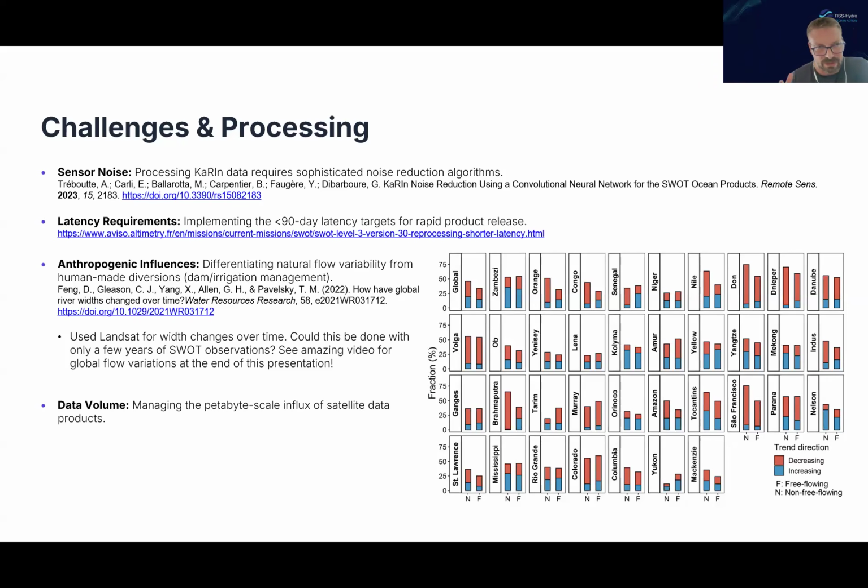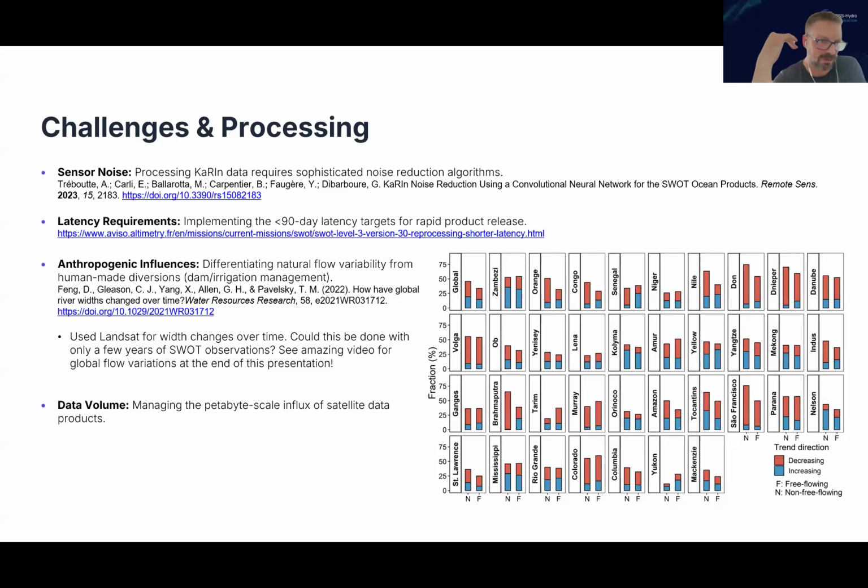But there is a paper that talks about something I would love the community to do with SWOT later: Tamlin's group and George's group did that with Landsat and width. They figured out how much of this could be engineering influence or naturally flowing.